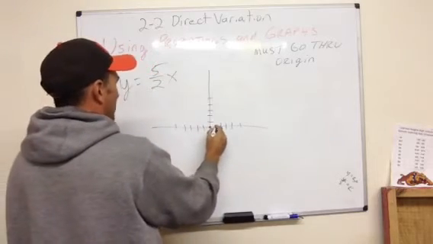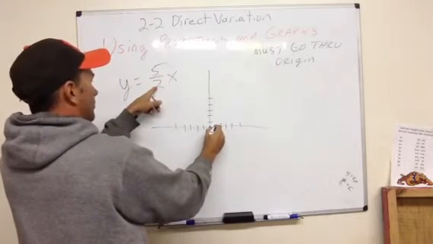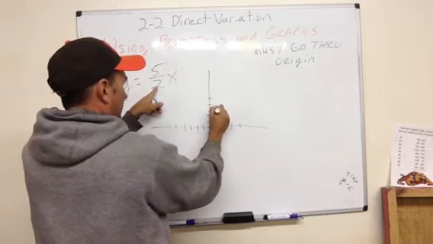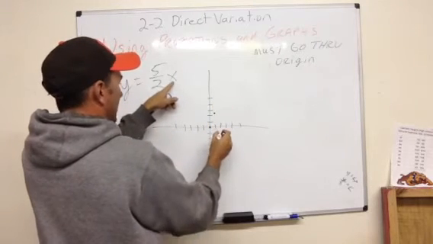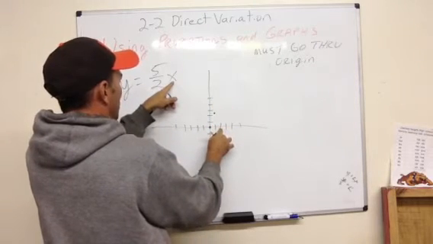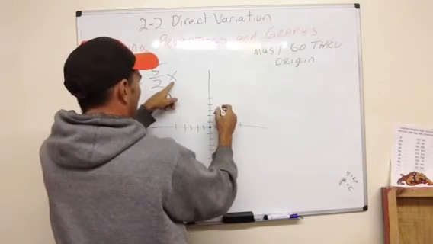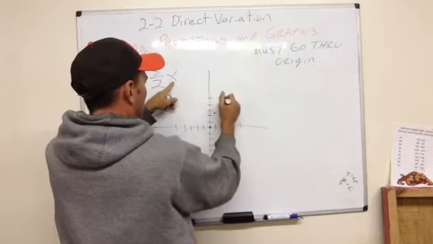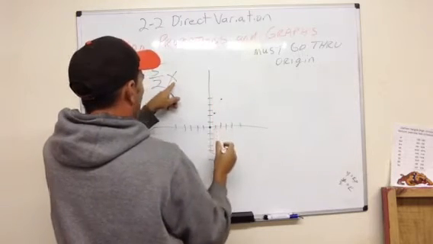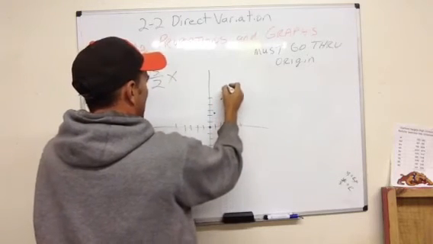When x is 1, our y is 2.5. When x is 2, our y value is 5. When x is 3, it's 7.5.